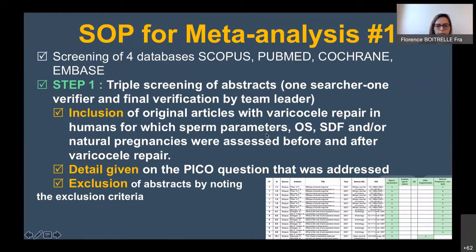For each article, we had to put a cross if, for example, sperm parameters were studied in this article, or if it was for sperm parameters on natural pregnancy.